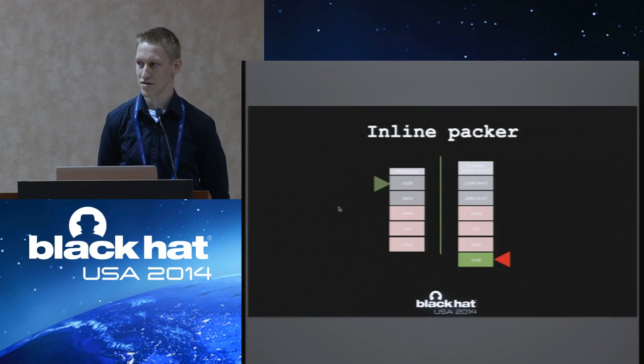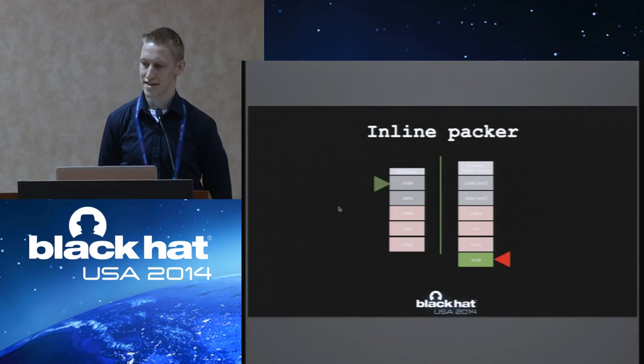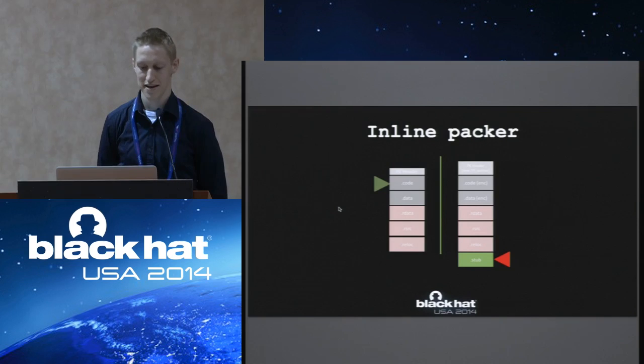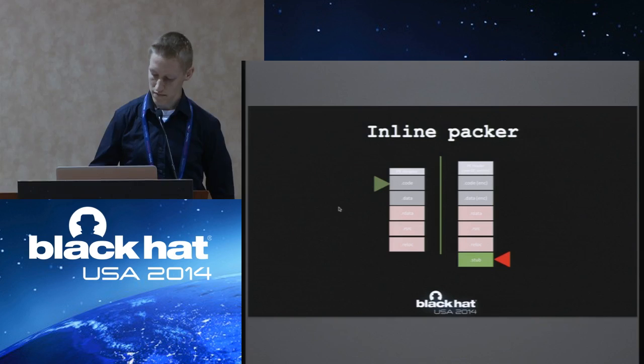Appending a stub as a new section is a good option because you will not break anything, like the addresses of the other sections. When executing, the stub will simply decrypt the code and data sections in memory and then hand over execution to the original entry point in the code section.